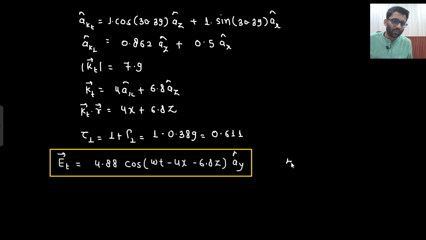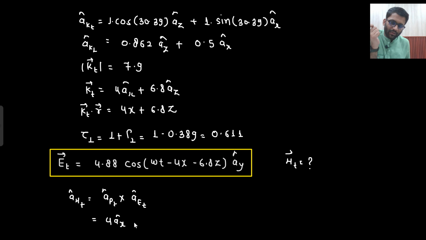Now I need to find HT from it. If I need to find HT from it, then what I need to do? aHT is equal to aPT cross aET. Do you know aPT here? Yes. Do you know aET here? Yes. So both things we know.